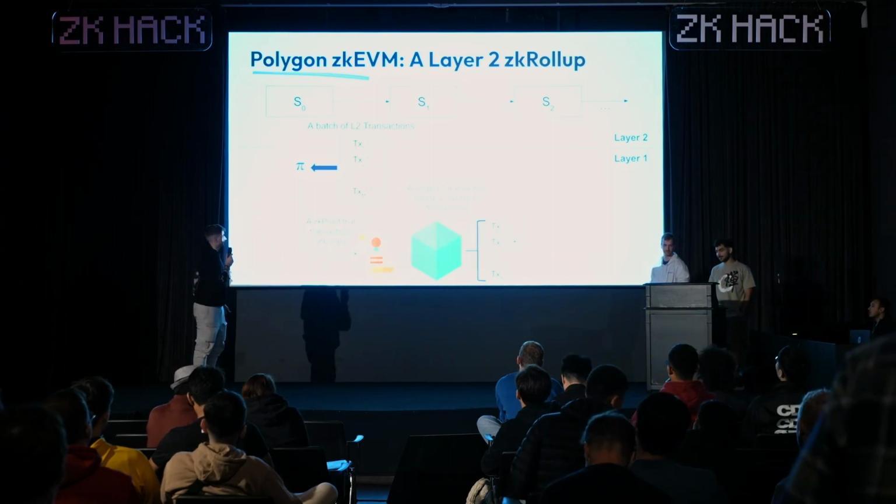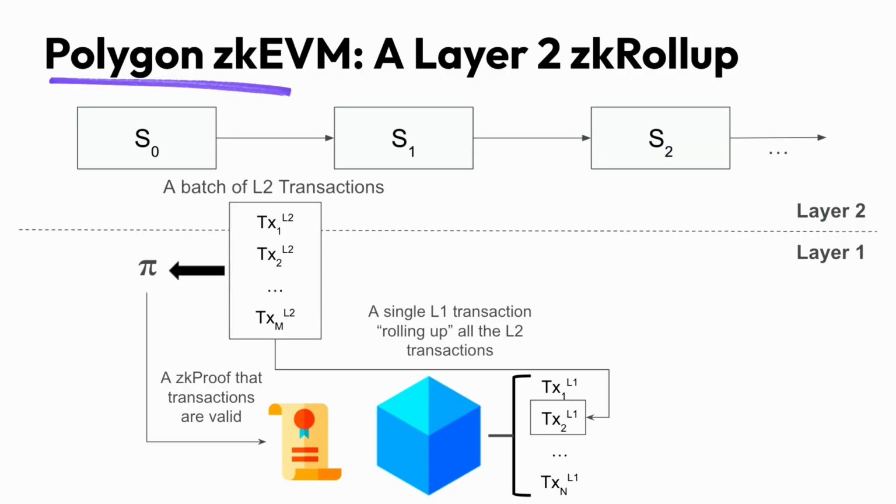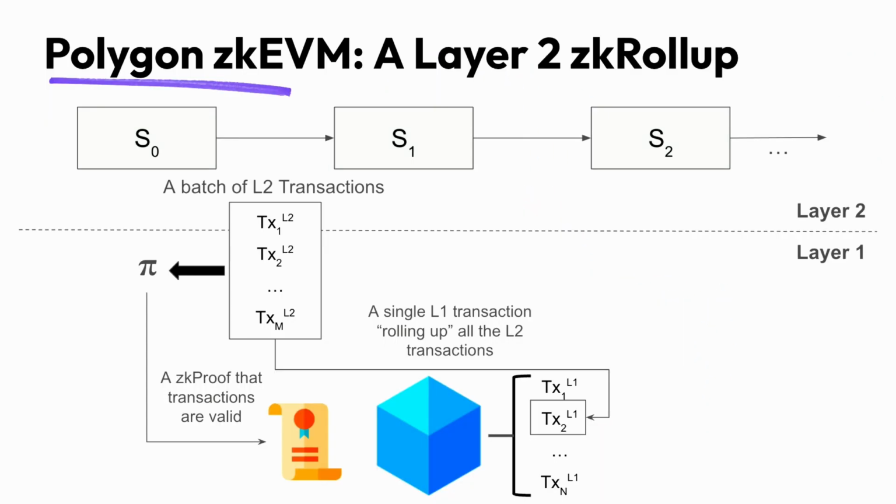Let's start with a brief introduction of what we are and what we do. I normally like to introduce Polygon zkEVM, in a very simplified version, as a layer 2 ZK rollup. Here we have three different words that everybody has to understand. The first one is what a layer 2 is.